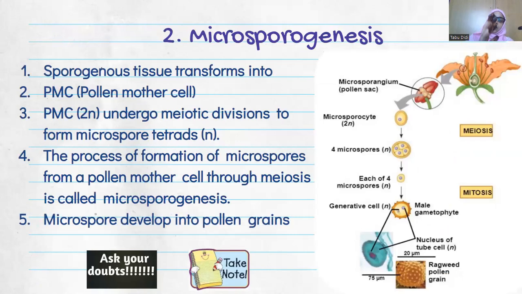Now we understood the structure of the microsporangia and then we moved on to how pollen grains will be developed from the mother cells. So mother cells will be 2N, they will undergo meiotic division, resulting in 4 microspores in haploid condition. Then they will undergo mitotic division just to increase their number.